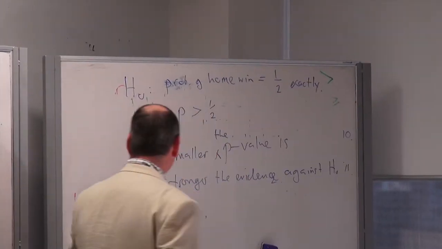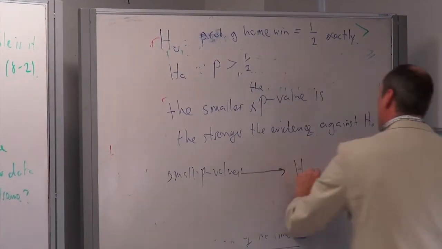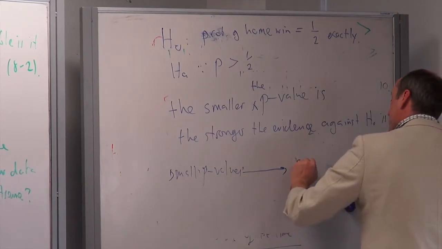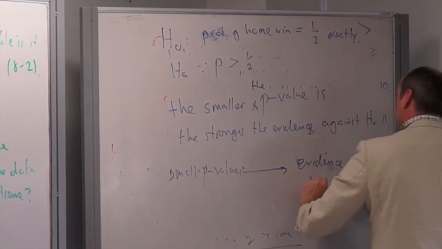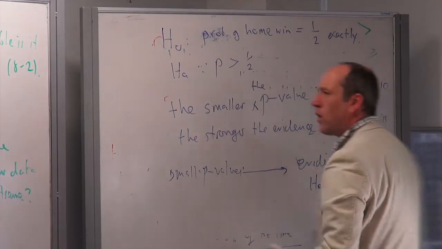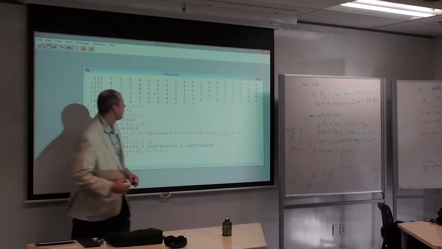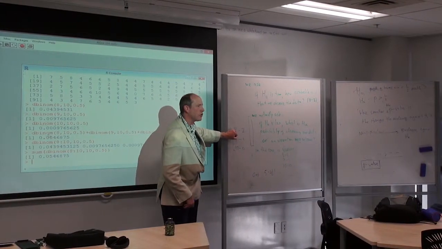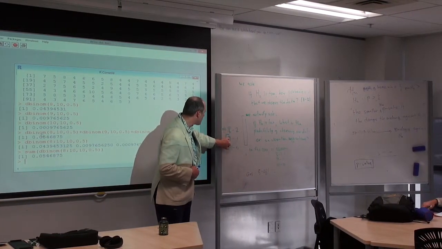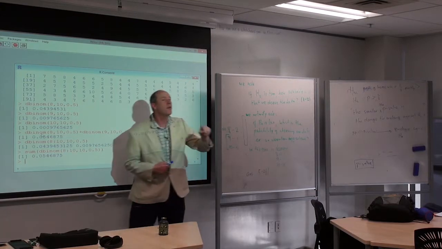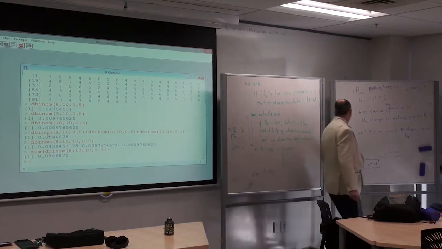Small p-values mean evidence against H naught. Why is that? As the p-value decreases, what you're saying is that if the null is true, you never see a scoreline of 8-2. If the p-value is very, very small, if the p-value is 1 in a million, what that's telling you is that these data sets, these observations, never occur in the world in which the null hypothesis is true. So let me just write that down.